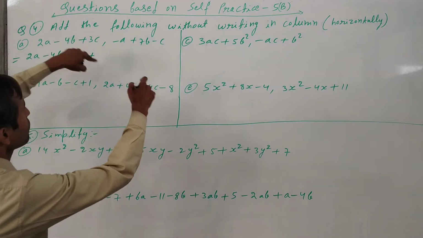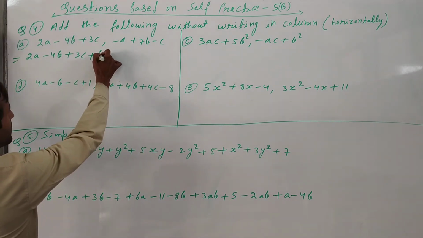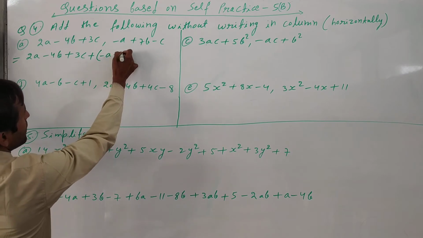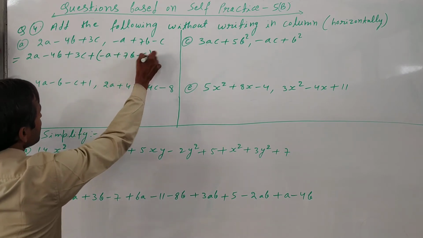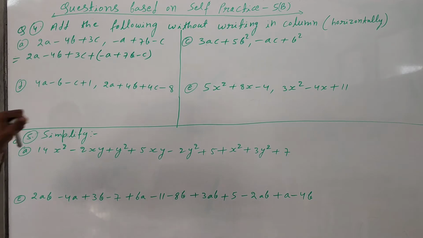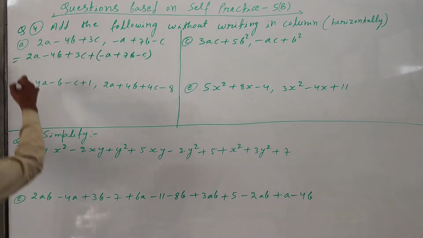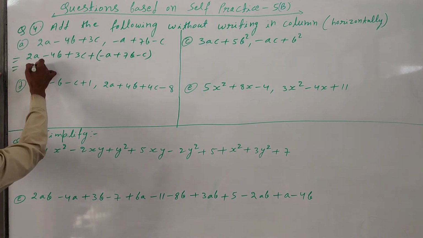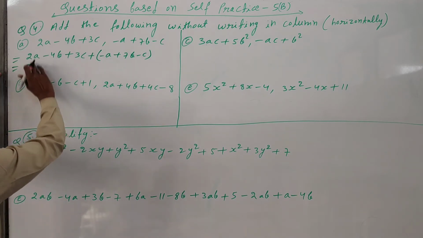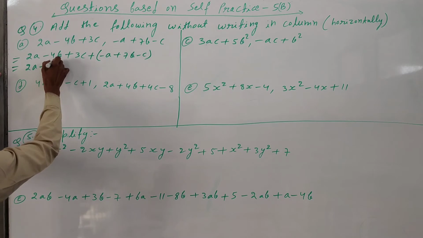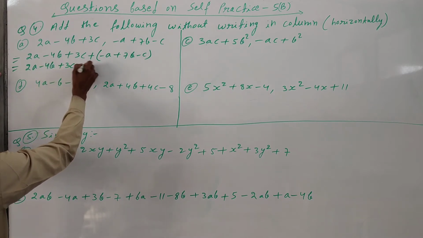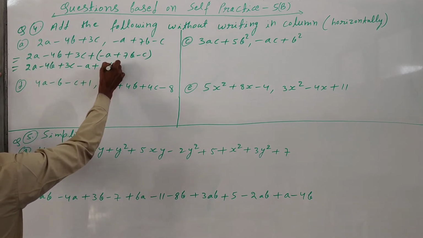After that, if you get confused, just put a small bracket: minus a plus 7b minus c. After that, we will remove this small bracket, then plus minus will become minus here, and so 2a minus 4b plus 3c minus a plus 7b minus c.